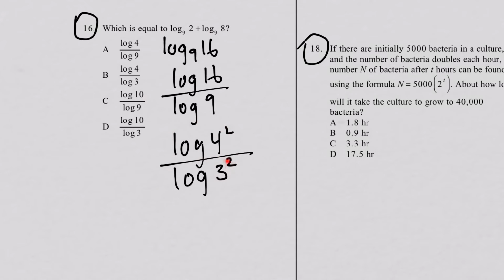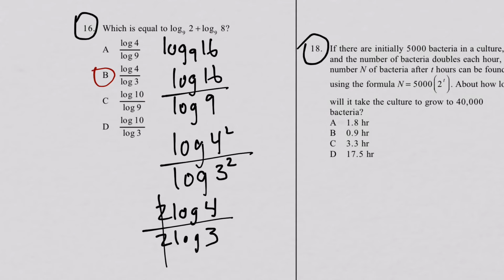Each one moves to the front of their own logarithm. So it's going to be 2 log of 4 over 2 log of 3. And my final step is to cancel the 2's. So it's just log of 4 over log of 3, which is B. There's your final answer.